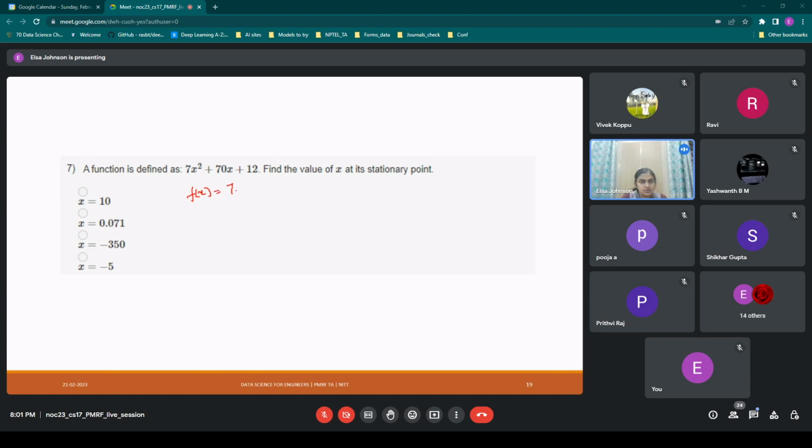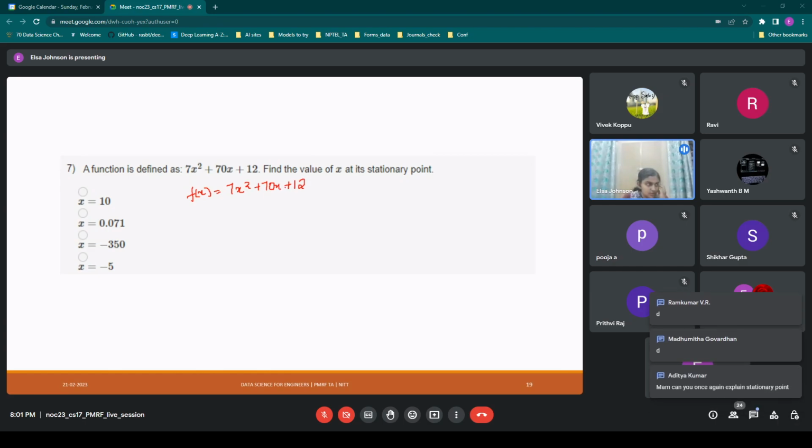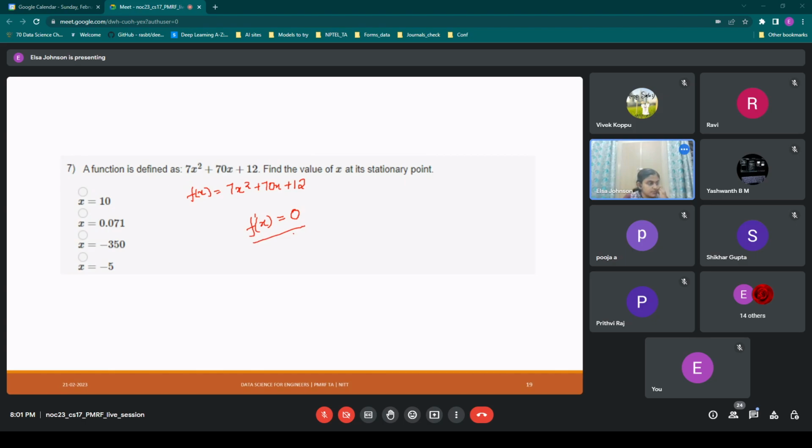Ram has put D. Ma'am, can you explain stationary point? Stationary points are points where f dash of x will be 0. So it will be the solution to this equation.